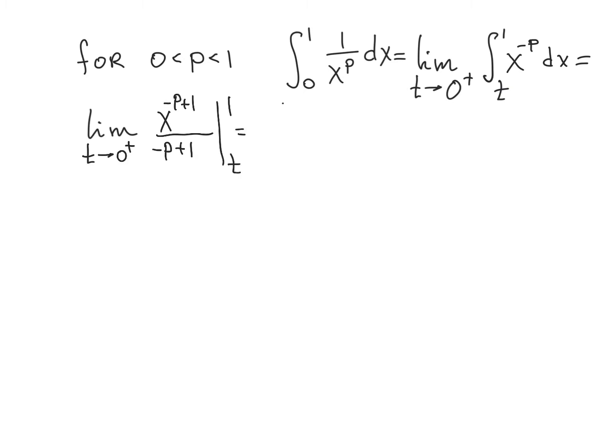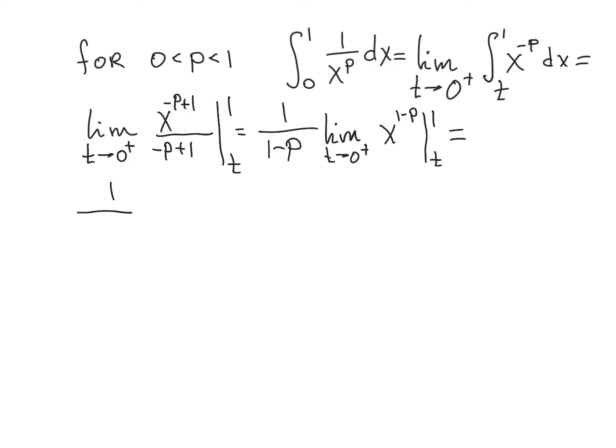Let's factor out the constant, so it would be 1 over 1 minus p times the limit as t approaches 0 from the right of x to the 1 minus p evaluated from t to 1.